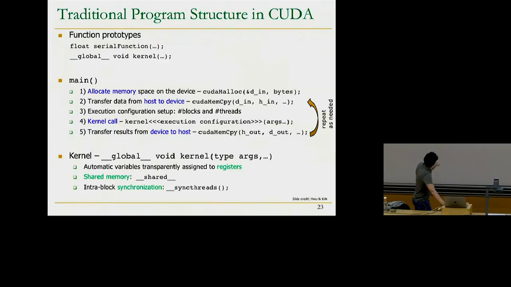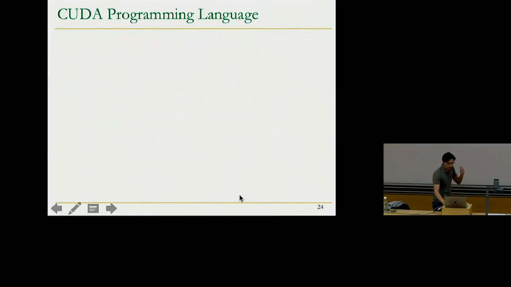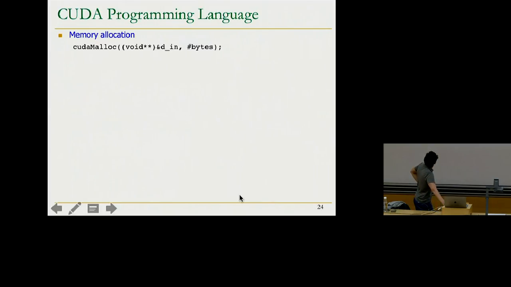Also, just for you to start getting familiar with this, we have intra-block synchronization, this local barrier that I mentioned before, which is __syncthreads. For you to know the exact syntax of all these operations, here you have the syntax for cudaMalloc: a pointer to some specific memory space, and the number of bytes that I want to allocate.